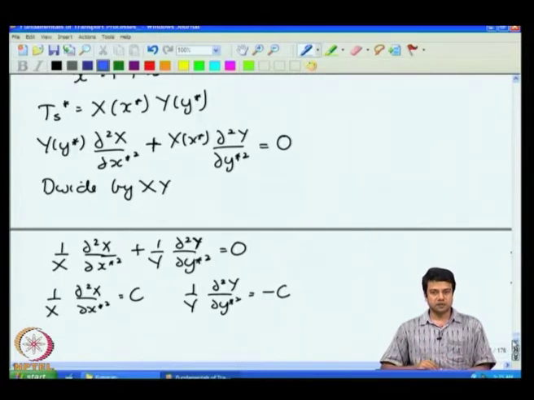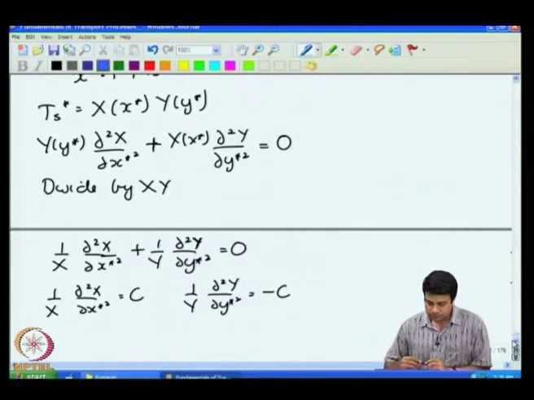Since the boundary conditions were homogeneous in the spatial coordinate, we took the constant to be negative for that spatial operator. It's only if you take a negative constant that you get sine and cosine functions, and you can satisfy homogeneous boundary conditions on two surfaces. If you take the constant to be positive, then you get exponential solutions, and you cannot satisfy boundary conditions on the two surfaces. So, therefore, we have to take the constant to be negative in the direction where the boundary condition is homogeneous.